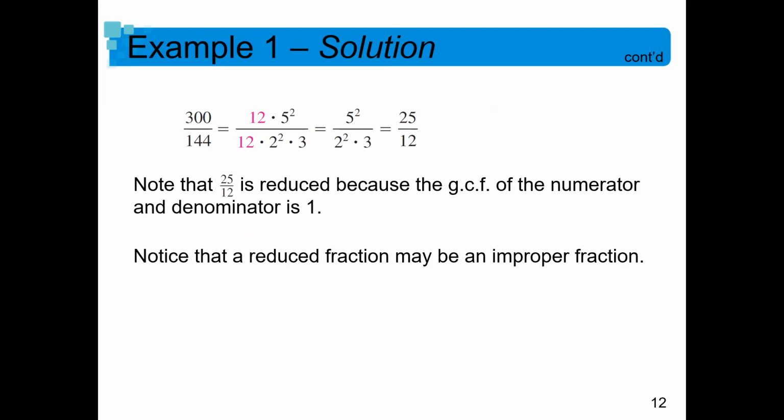And now you have 25 over 12 after the 12s cancel out, which is the reduced form or the simplified version of the original fraction. It is reduced because, again, the GCF of the numerator and denominator is now equal to 1. Notice that the reduced fraction may be an improper fraction. Again, this is called an improper fraction because the numerator is greater than the denominator.